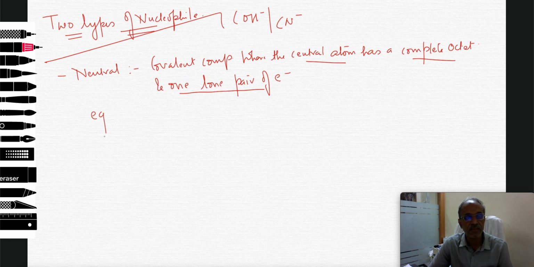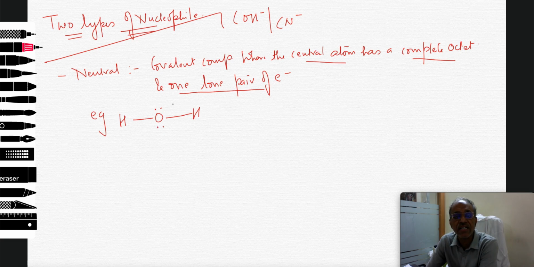Example, water. Water has a complete octet and a lone pair of electrons.